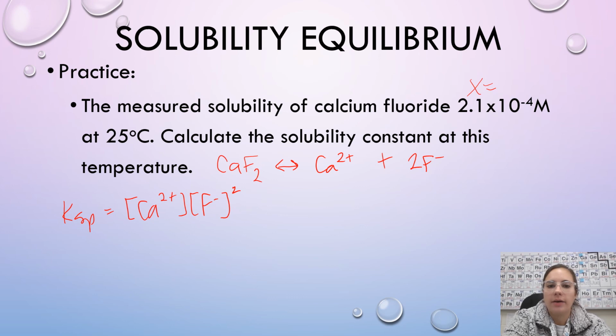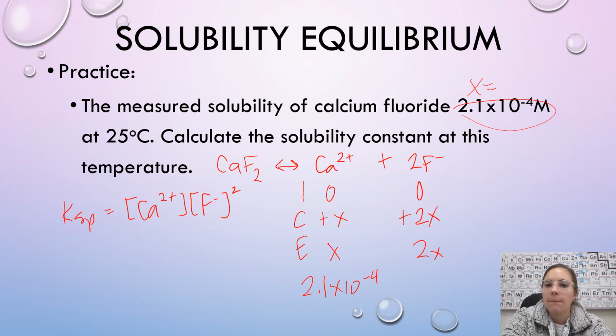Now I have my ICE chart. Initially, I have 0, plus X, plus 2X. So my equilibrium concentration is X and 2X. Well, I know that X is 2.1 times 10 to the negative 4. So calcium is 2.1 times 10 to the negative 4 at equilibrium. But fluoride is 2 times 2.1 times 10 to the negative 4, which is 4.2 times 10 to the negative 4.